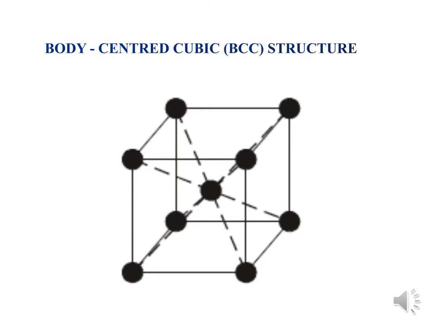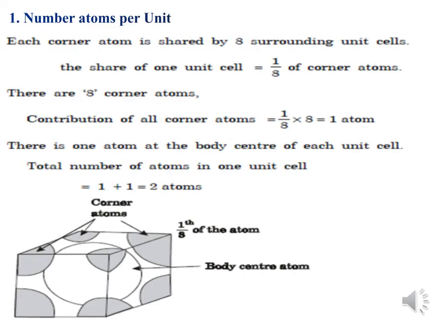Now to find the characteristics of the unit cell for BCC. First characteristic, the number of atoms present per unit cell. The unit cell of the BCC structure is shown in the figure. Each corner atom is shared by 8 surrounding unit cells.